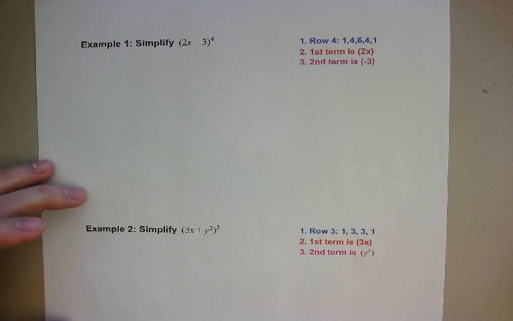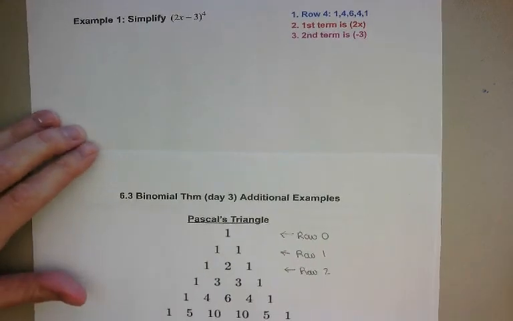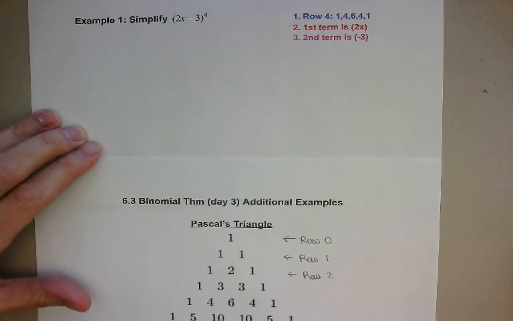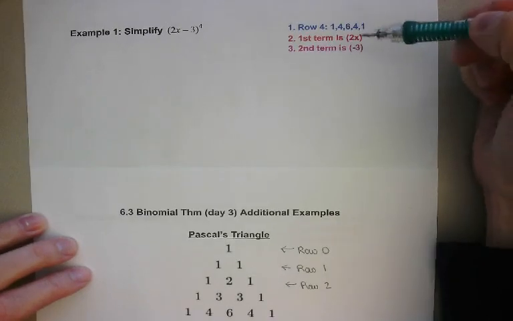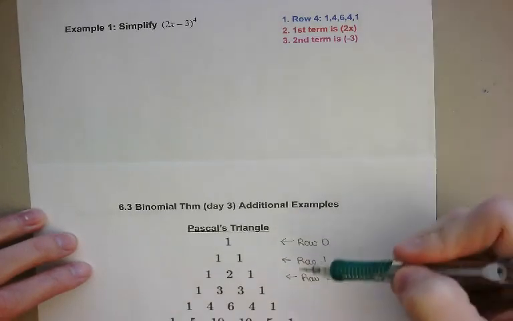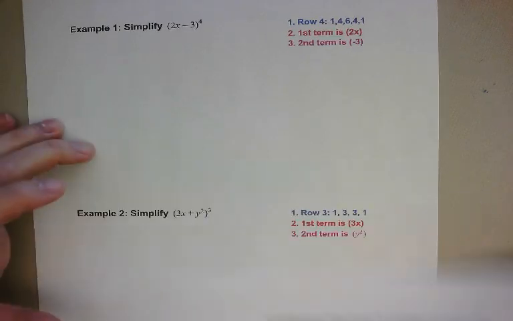So, taking a look, they're giving me a 2x minus 3 to the 4th. Because it's to the 4th, that tells me I've got to use row 4, which is 1, 4, 6, 4, 1.